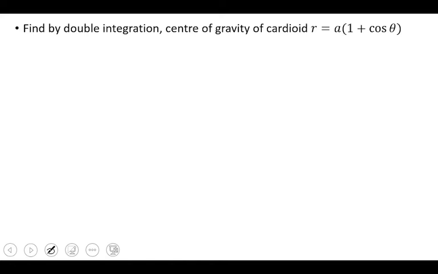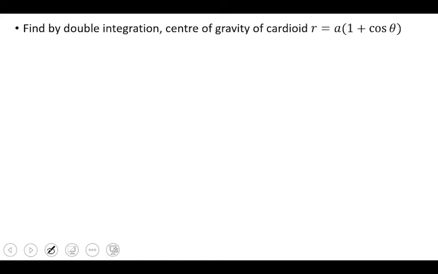So if it comes, it may happen that it asks to find the x coordinate of CG or the y coordinate of CG. Okay, but it is not difficult. It is lengthy and time consuming, because you have to evaluate 2 to 3 double integrals there.